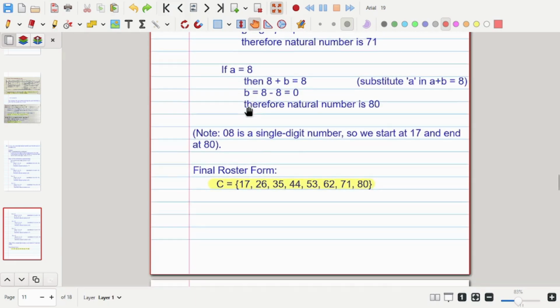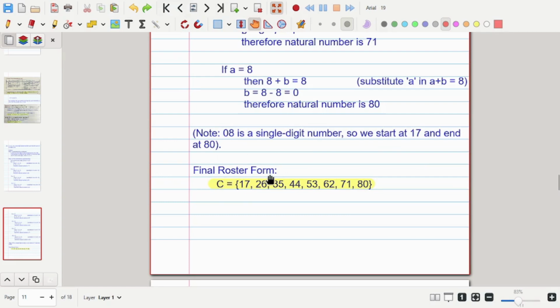If A is 8, then 8 plus B is equal to 8, so B is equal to 8 minus 8, which is 0, and the natural number is 80. Note that 08 is a single-digit number, but we want two-digit numbers. Therefore, we will start at 17 and end at 80.